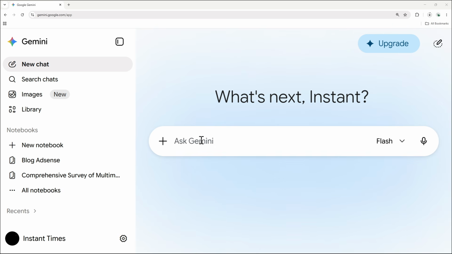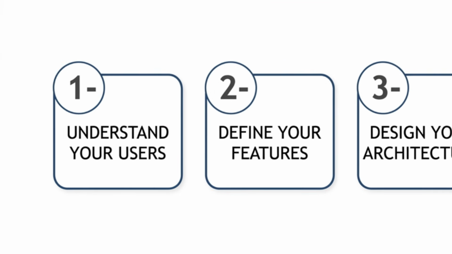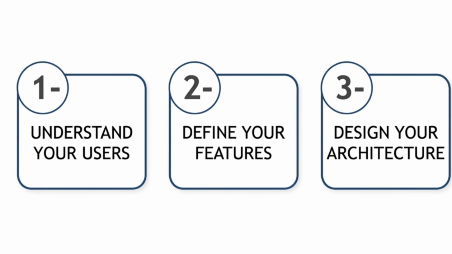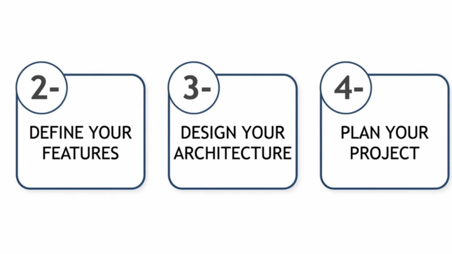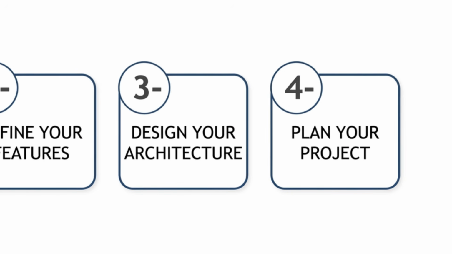Just because AI can now help us build applications faster, it doesn't mean software development has changed. The fundamentals are still exactly the same. You still need to understand your users, define your features, design your architecture, and plan your project correctly before delegating tasks to AI.